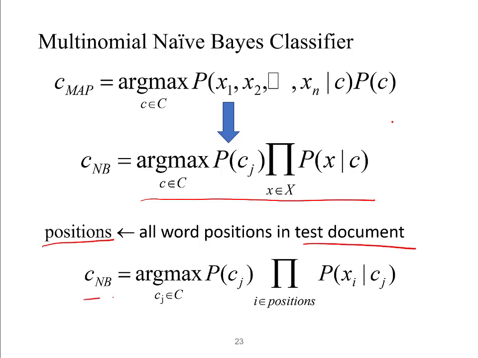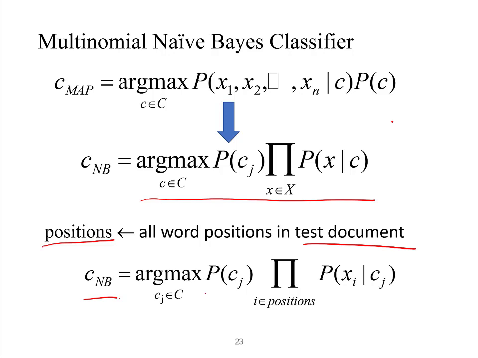Then we can compute the predicted class label using the naive Bayes classifier. It would be argmax over CJ in C of the probability of CJ times the probability of xi given CJ for all i in positions. So the mathematical derivation until here is simple and straightforward.